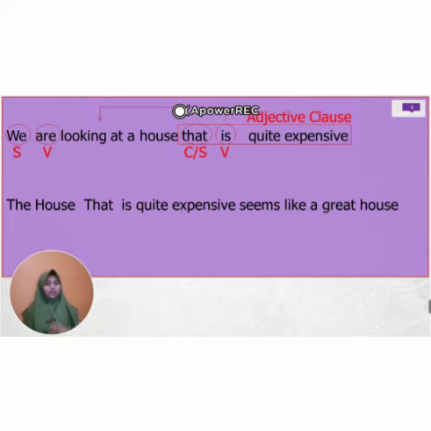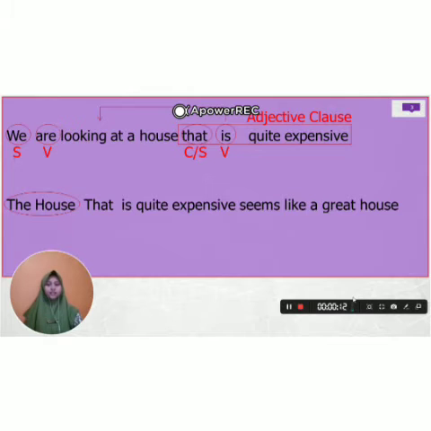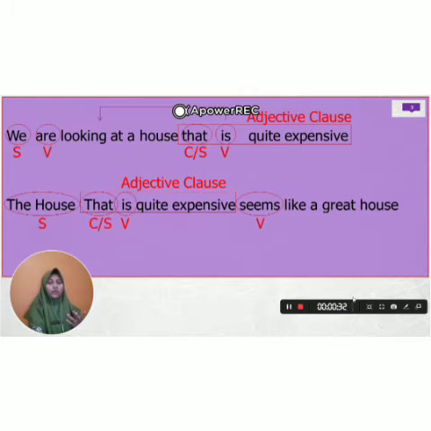Okay, let's see another example. The house that is quite expensive seems like a great house. The house here is the subject, and then that is a connector and subject, and then is is a verb, and then seems is a verb, and then that is quite expensive is an adjective clause, which explains the previous word.